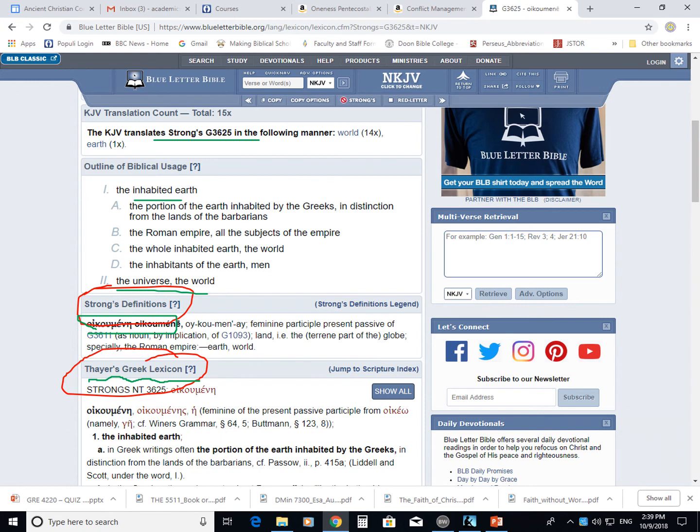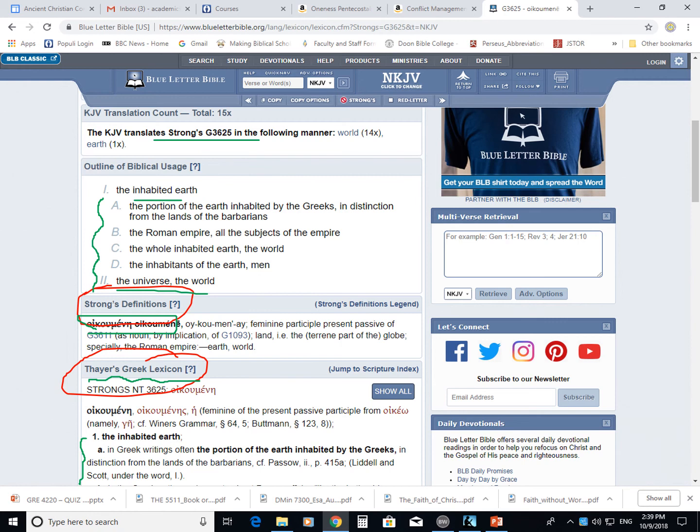So that's the basic idea of how to do word studies and what the strengths and weaknesses are. Now, one of the things that needs to be kept in mind, as you look at the differences in the meaning of the word that the dictionary gives, is that all the different meanings in the dictionary do not indicate that all of those meanings are appropriate in the passage that we just looked at.